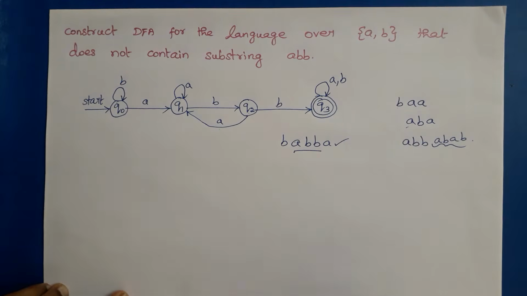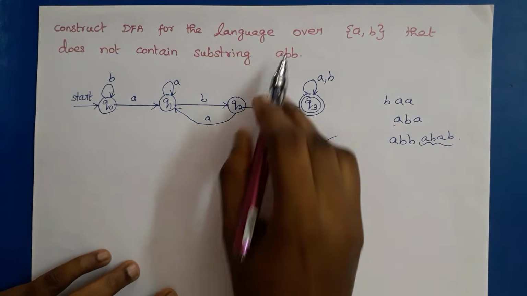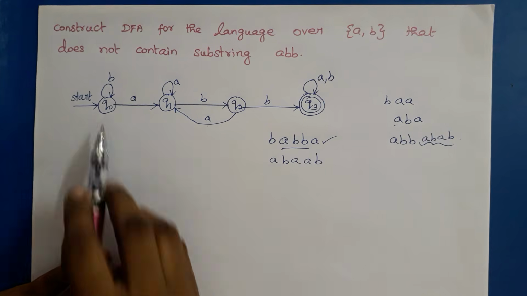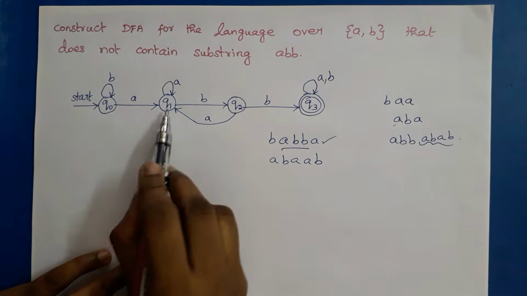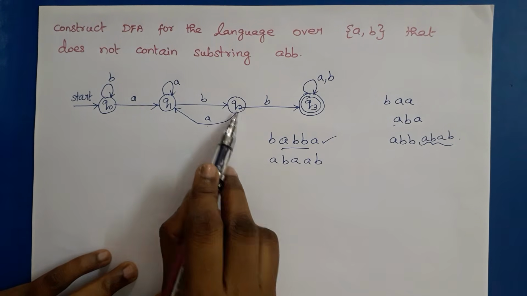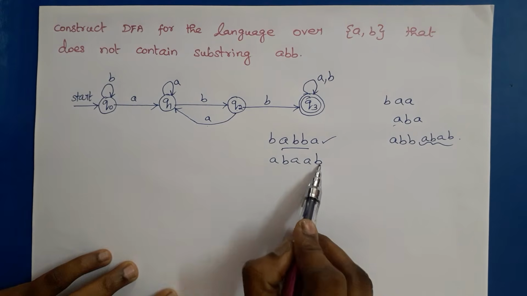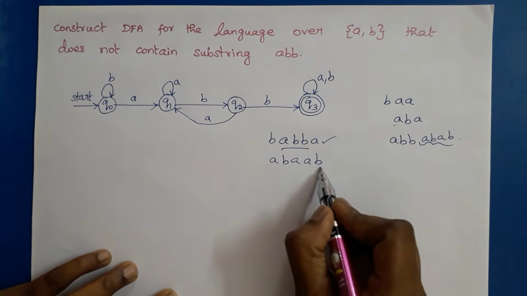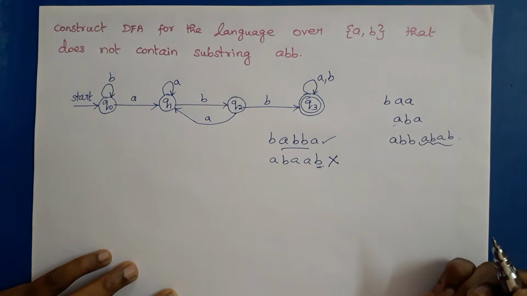Similarly, we can take one incorrect input string: ABAB. This string does not have ABB as a substring, so it should be rejected. From Q0, A goes to Q1, then B goes to Q2, then A goes to Q1, then B goes to Q2. We are in state Q2 after reading the final symbol. It is not a final state, so this is rejected by our DFA.